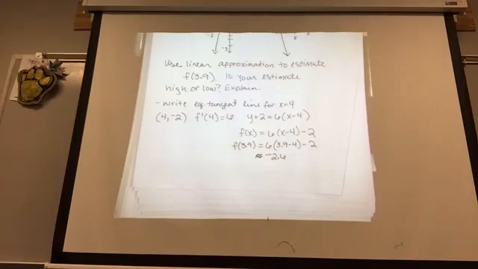Now we've got to figure out, is it high or low? High. And why do we say it's high? The tangent line would go above the parabola. The function would be concave down at x equals 4.